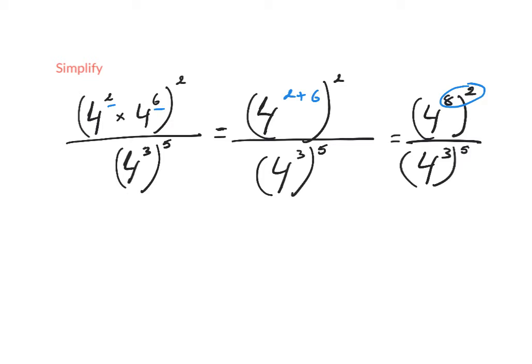And the same thing in the denominator, we're going to keep the base 4 and multiply 3 with 5. So the next step, we use the power of a power. The first step is called the product rule, and here we're going to use the power rule.